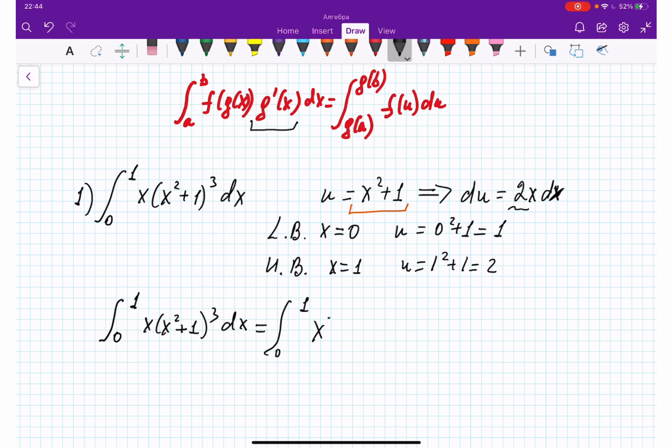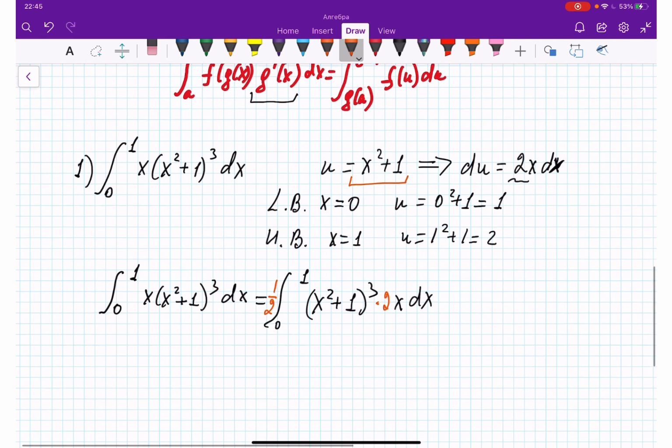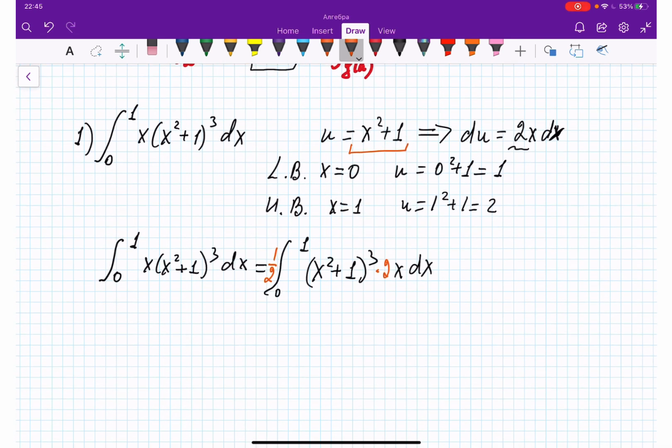So to get it here, next to x squared plus 1 cubed, I will squeeze in the multiplication of 2 with x dx, and at the same time I will divide by 2. Since I'm doing the transfer to u, I'm going to replace the limits also. Now it goes from 1 to 2.